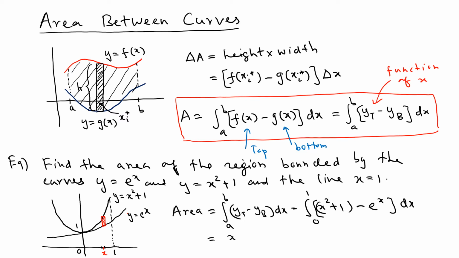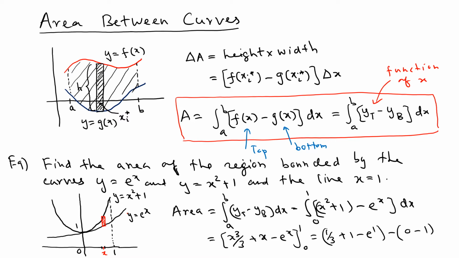So it is x cubed over 3 plus x minus e^x, and then you need to evaluate this at 1 and 0. If you plug in 1, you get 1/3 plus 1 minus e to the 1, which is e. Minus, when you plug in 0, the first two are 0, so you get 0 minus 1.